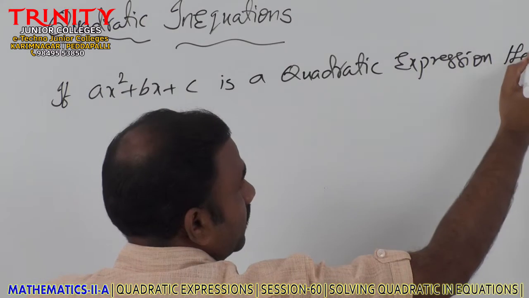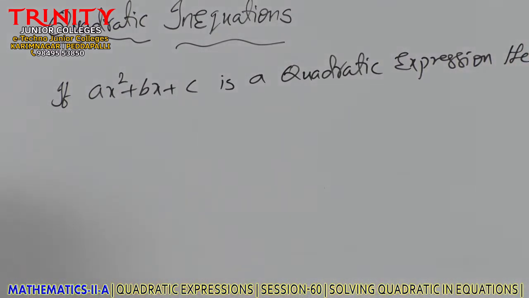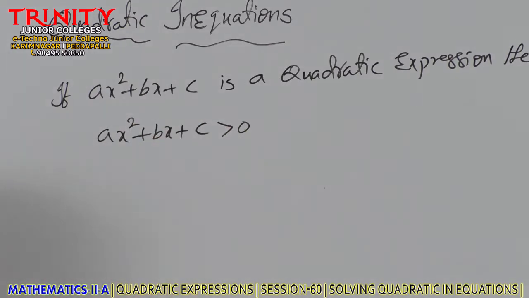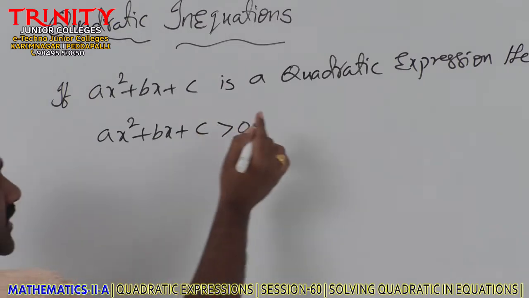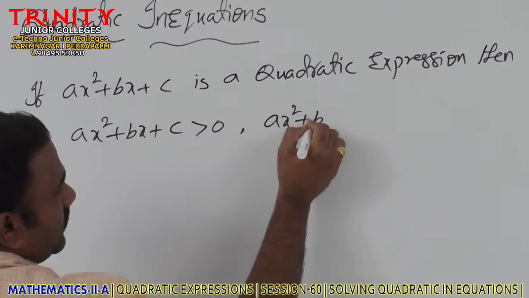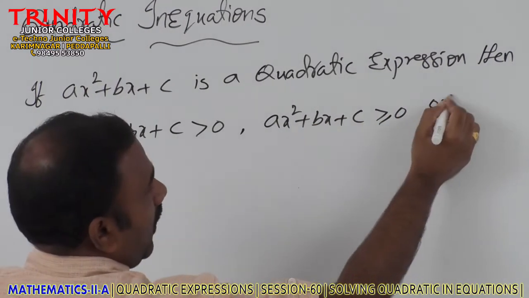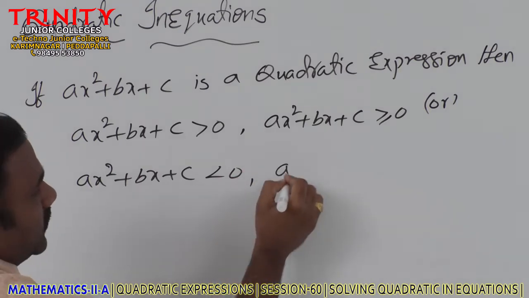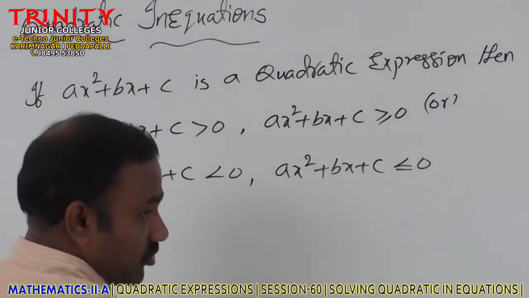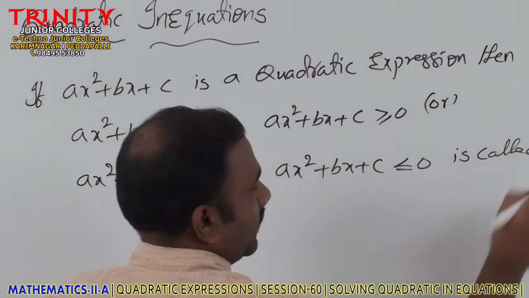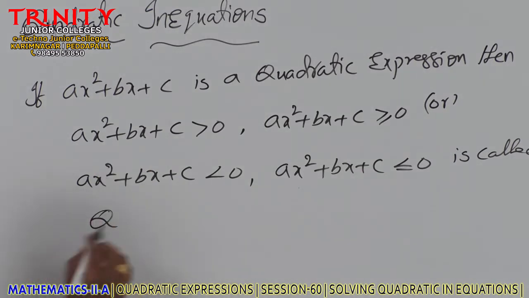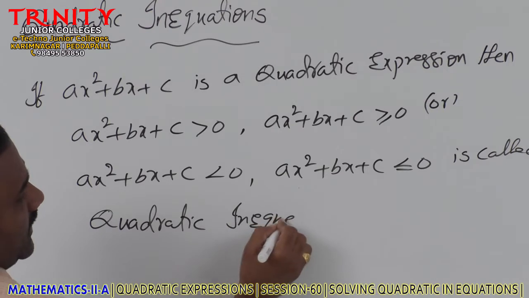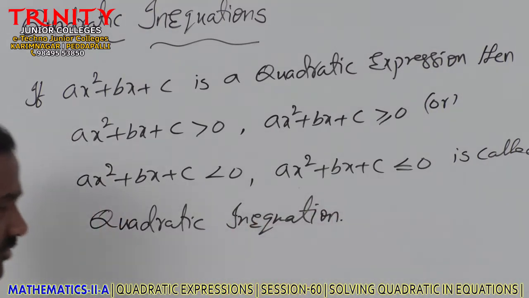An expression in the form of ax square plus bx plus c greater than 0, ax square plus bx plus c greater than or equal to 0, ax square plus bx plus c less than 0, and ax square plus bx plus c less than or equal to 0 is called a quadratic inequation, an inequality.